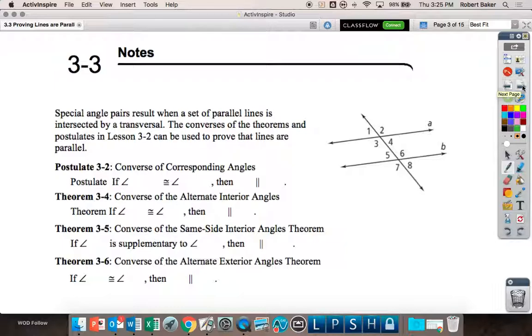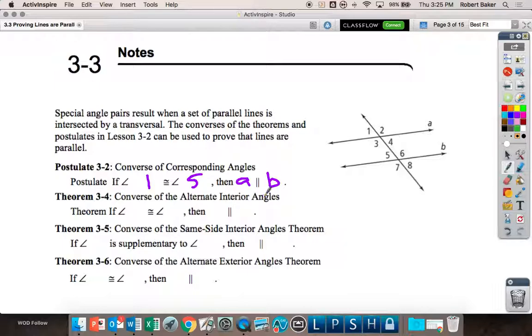I need you to identify a pair of corresponding angles just like you will have to do on your quiz. 1 and 5. If angle 1 is congruent to angle 5, you can conclude that A is parallel to B. So if corresponding angles are congruent, then A and B are parallel.